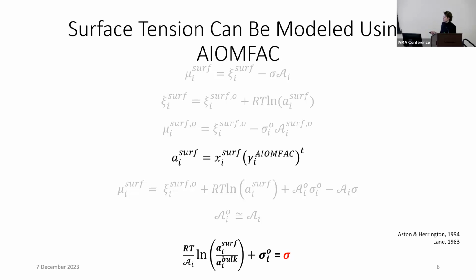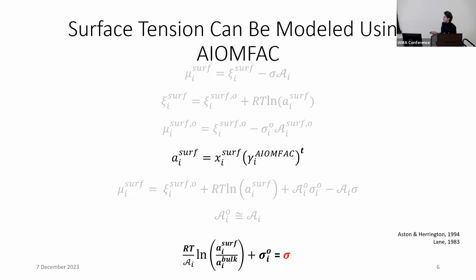It relates the log-scaled activities in the surface and the bulk, along with this value here, which is a reference state surface tension value. And that gives a solution surface tension. At equilibrium, all these solution surface tensions have to be equal to the same value. And that gives us our system of equations that we use to solve for our equilibrium configuration.